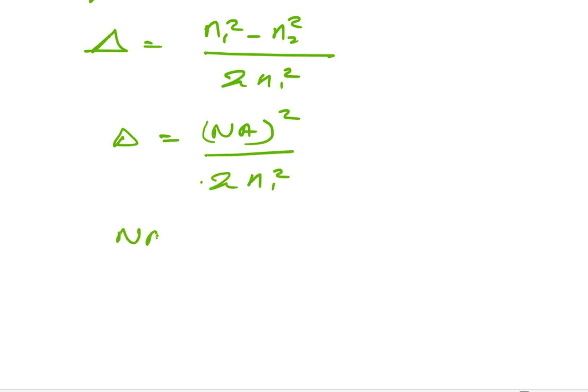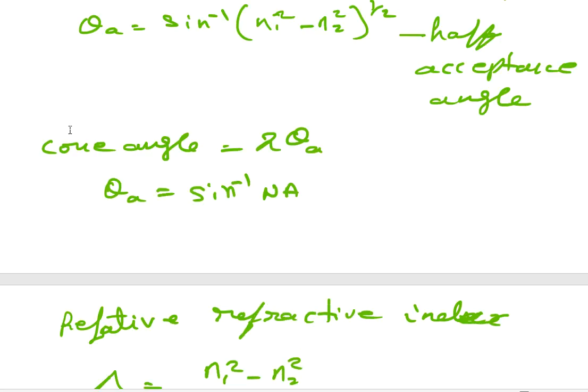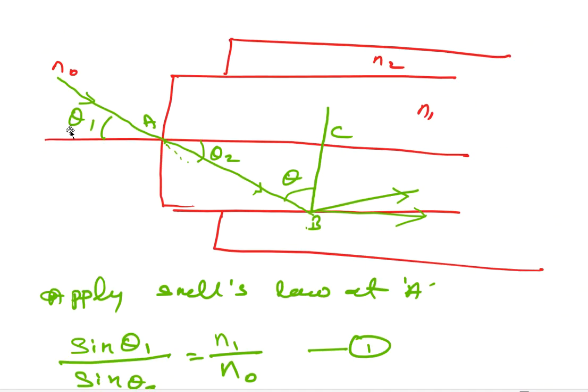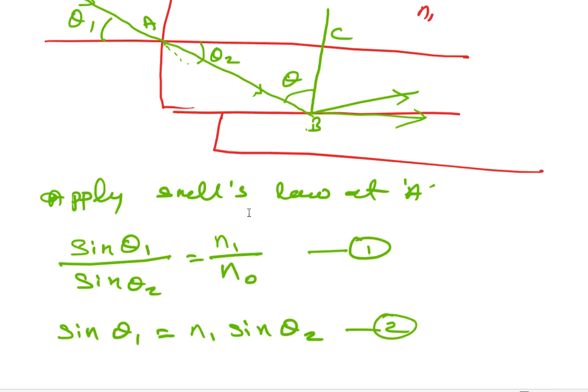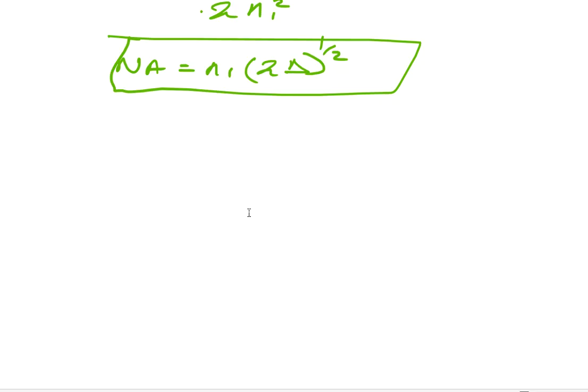So numerical aperture equal to n1 into 2 relative refractive index to the power 1 by 2. This may be asked in numericals, or in MCQ. So this is the derivation, a very simple derivation. So numerical aperture and acceptance angle, you can start deriving from this point. Okay guys, that's all.